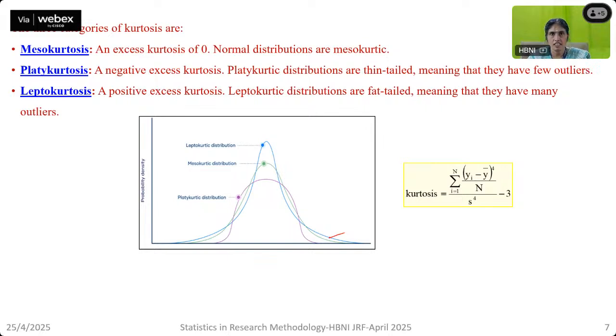Ideal situation will be the green line. And in real life situation, if you have larger population towards the midpoint, you will have a plateau. That's called plateau kurtic distribution.